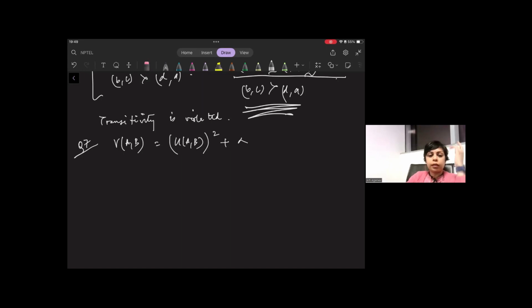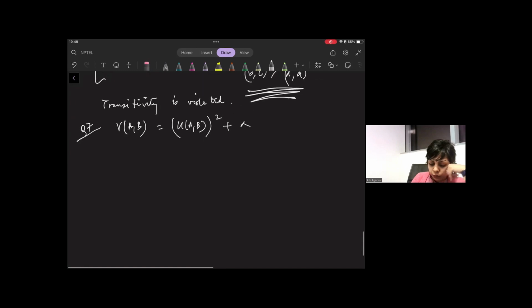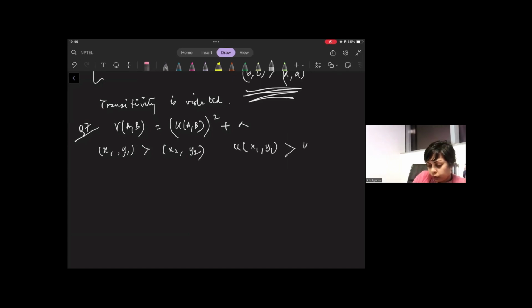So we discussed something about ordering of utility. This is basically what the utility function tells you: if some consumption bundle (x1, y1) is more preferred to (x2, y2), then u of (x1, y1) is greater than u of (x2, y2), right?